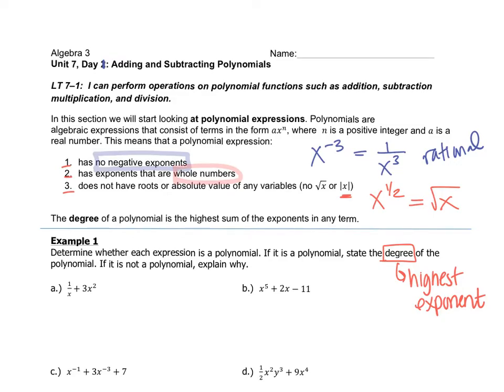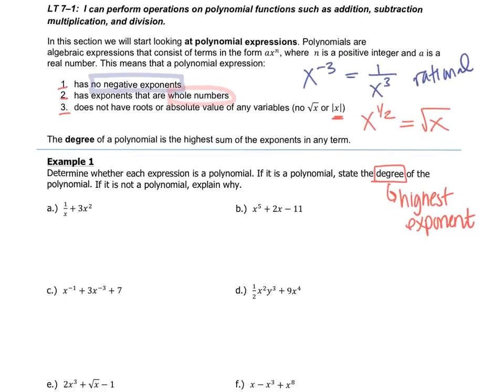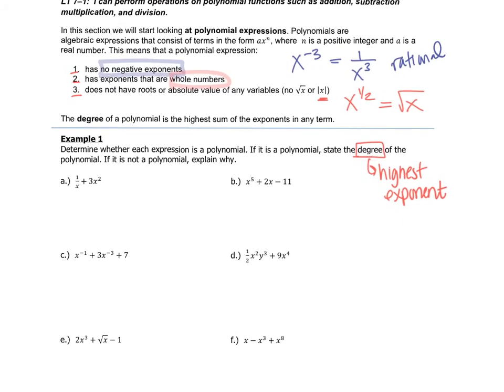So there are 6 little questions here. I'll go over 3, you guys do 3, and we'll move on. So we're going to do together A, D, and E. And then you guys will be in charge of B, C, and F.